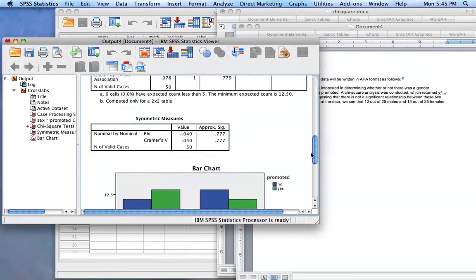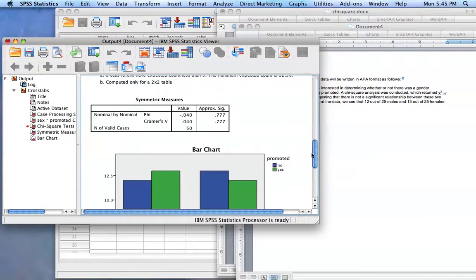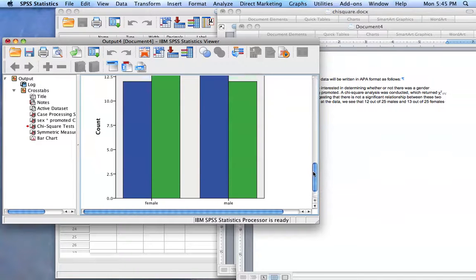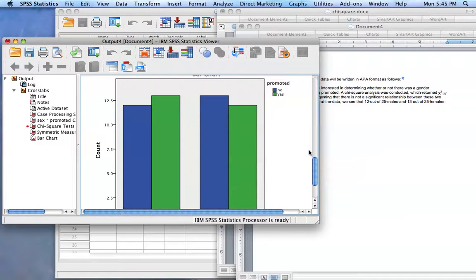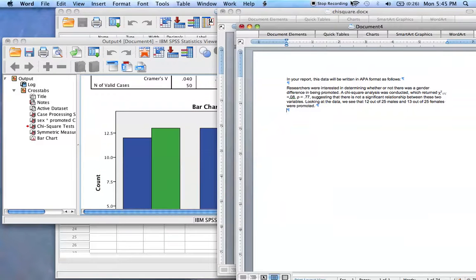If there was a significant difference, we would want to look at the effect size. But as you can see, the effect size is negative 0.04 for this case where it's dichotomous variables, and that's not significant. And you can also see that in the bar chart that really the males and females were about equally likely to be promoted. Okay, so good luck with your chi-square analysis.